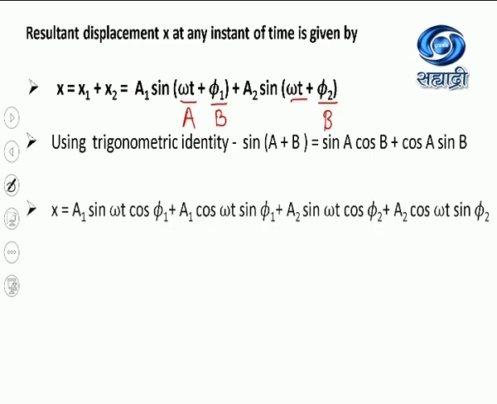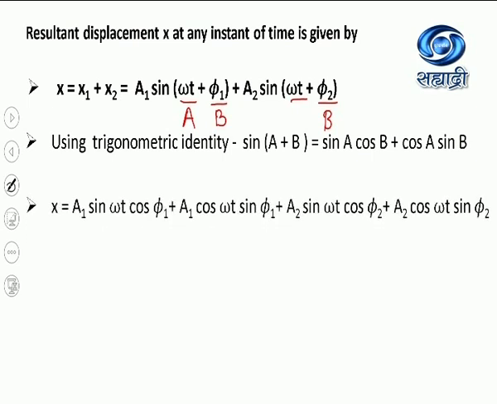Doing so, we have x equal to a1 sin omega t cos phi 1 plus a1 cos omega t sin phi 1. Similarly, for the second bracket, a2 sin omega t cos phi 2 and a2 cos omega t sin phi 2.